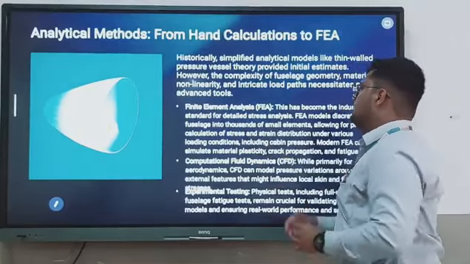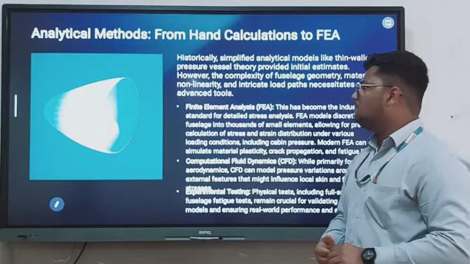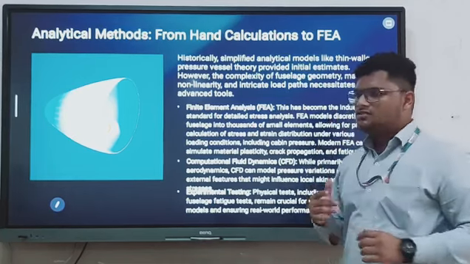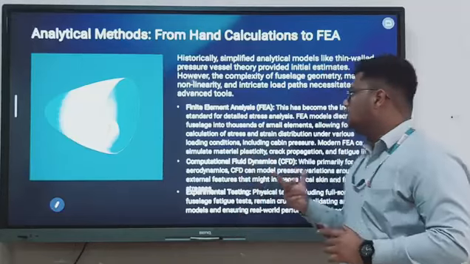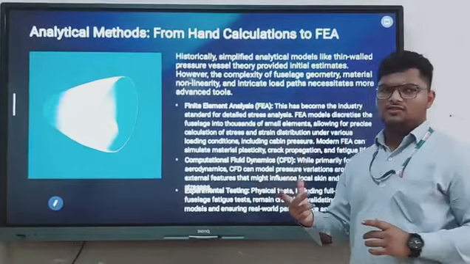The first one is the FEA, which is the finite element analysis. Currently, FEA is the most used analysis method.